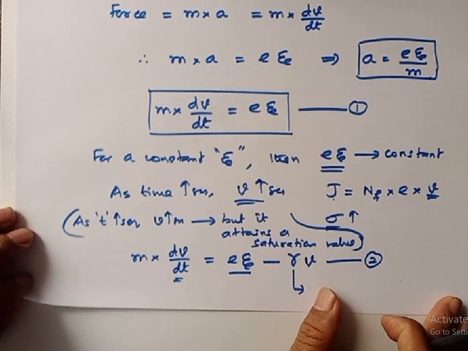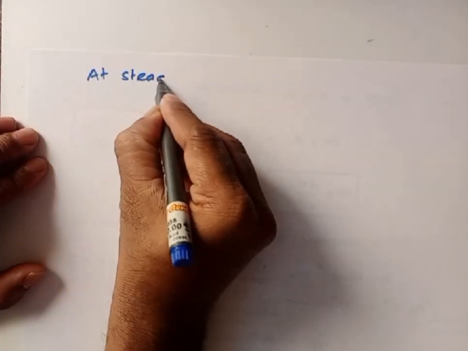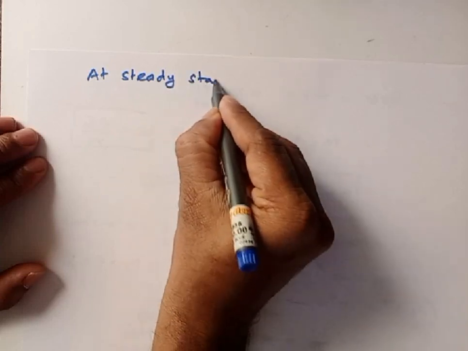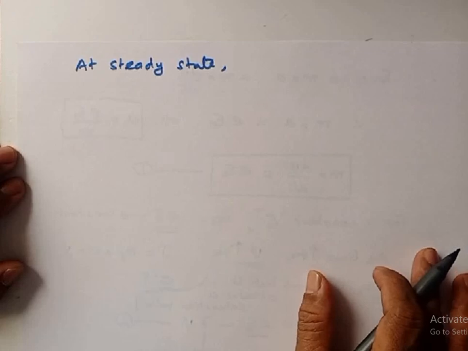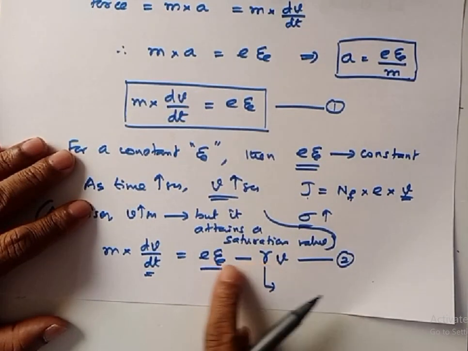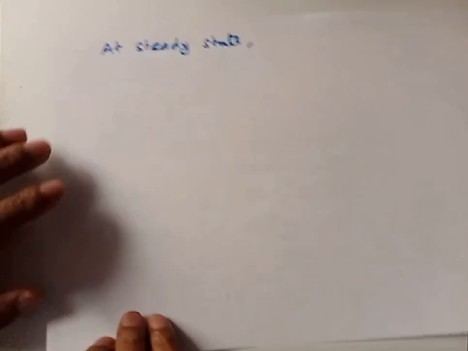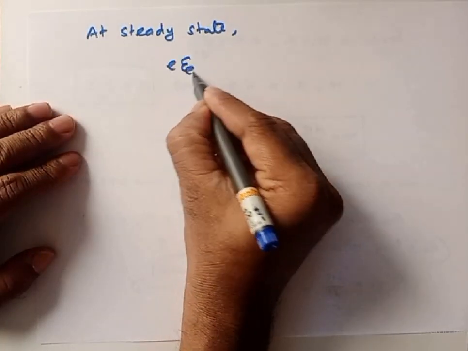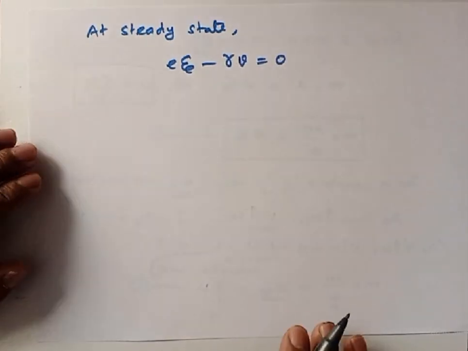Now listen, at steady state, which means once the saturation velocity is attained, what will happen? These two quantities become equal, so this becomes equal to 0. So at steady state, E into epsilon minus gamma into V becomes 0.